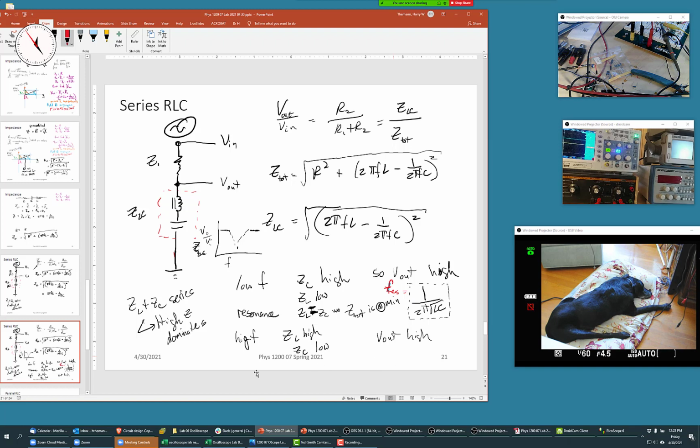In fact, this is a point of analysis for your graph here.